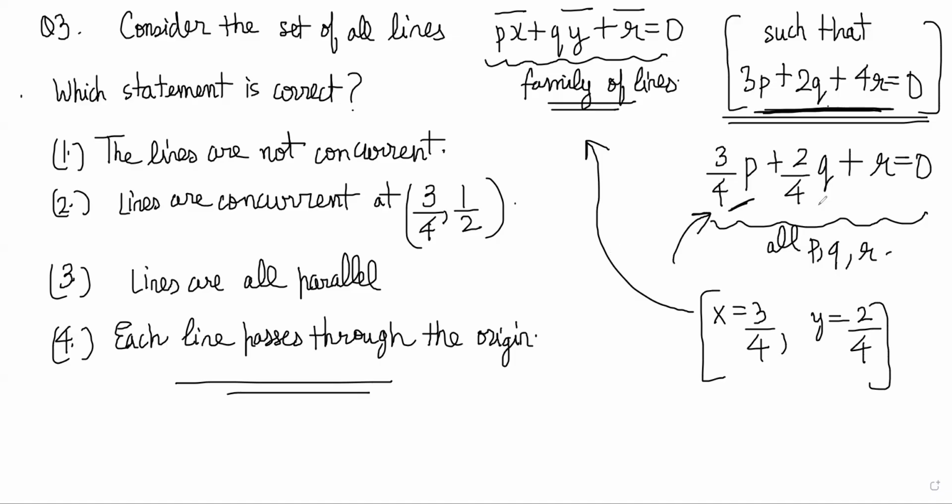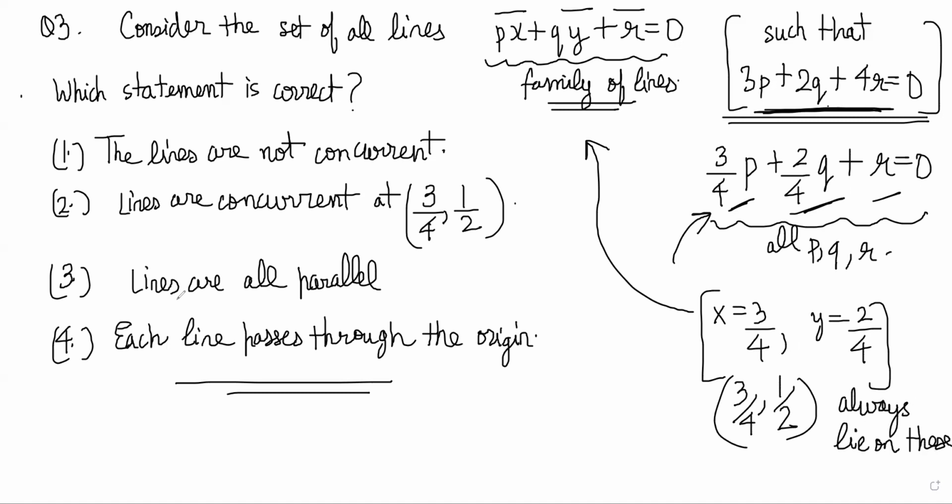Because 3 by 4 P plus 2 by 4 Q plus R is always 0. So the point 3 by 4 comma 1 by 2 always lies on these lines, right? So the lines are therefore concurrent at 3 by 4 comma 1 by 2, right?